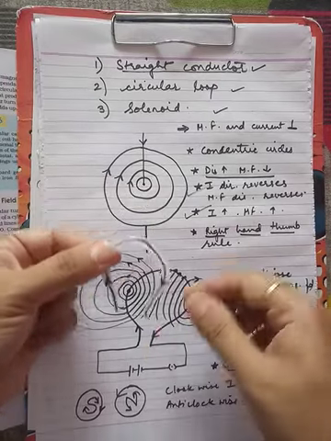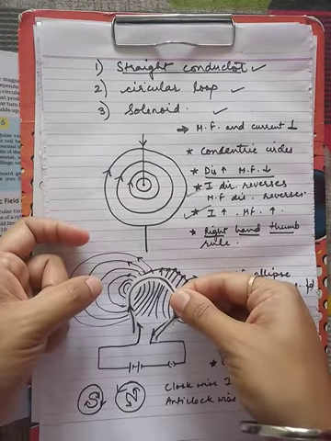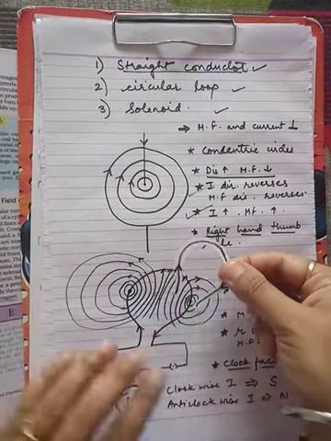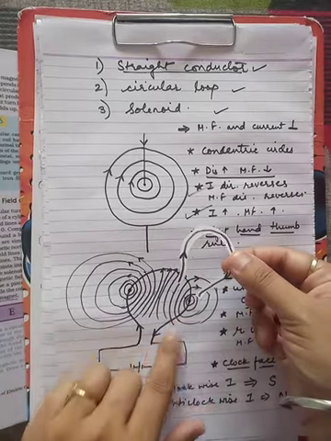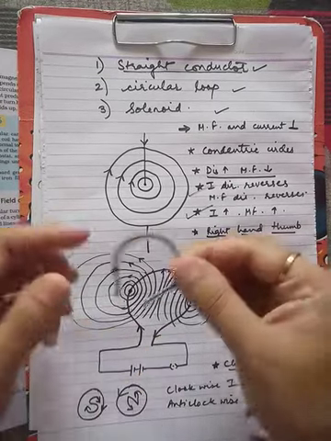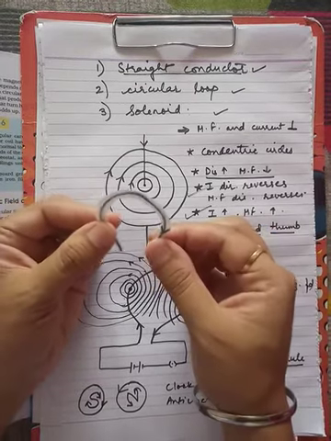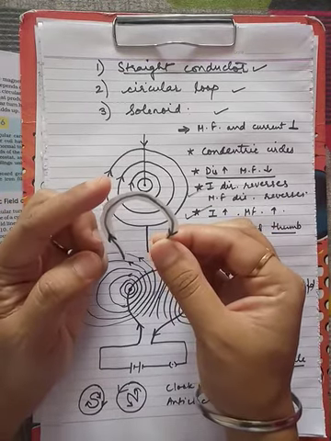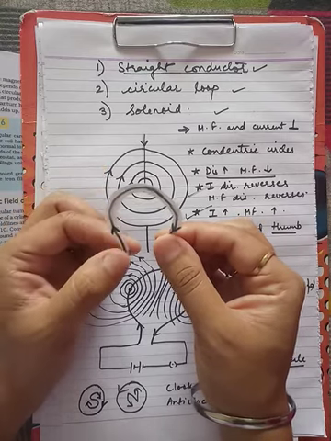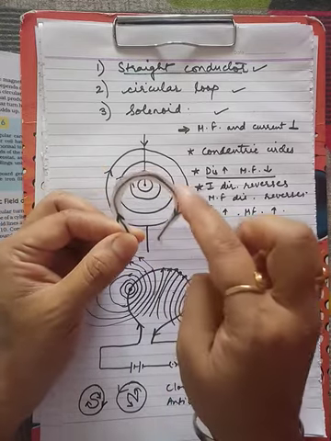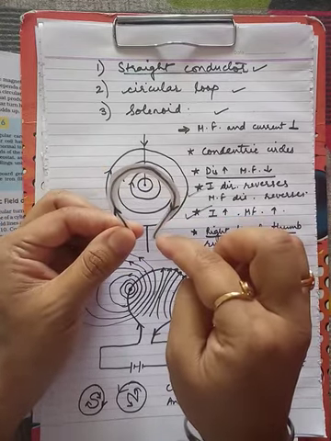Here this loop is like this, we can see. On the paper I can just draw one line for considering the loop, and this is an actual loop. Suppose this is made up of a conducting wire. So current is flowing in this direction, that is clockwise direction.